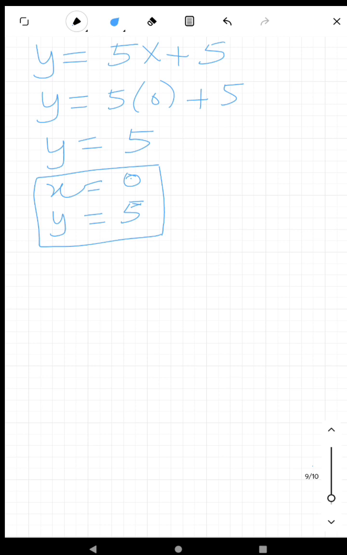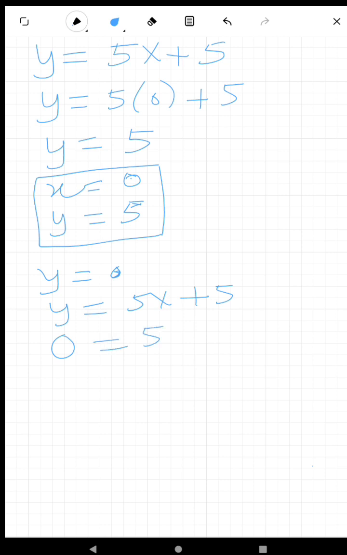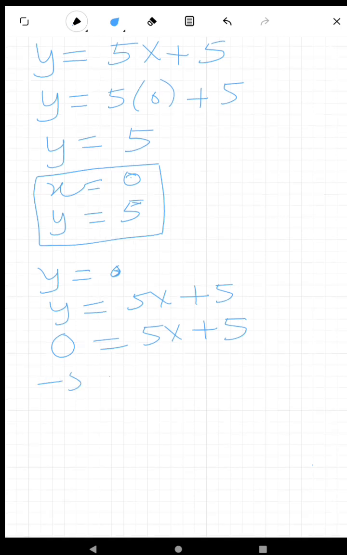Then we also do when y is 0. When y is 0, what is the value of x? From the equation y is equal to 5x plus 5, when y is 0, we have 5x plus 5 equals 0. If we take the 5 to the other side, we have minus 5 is equal to 5x.